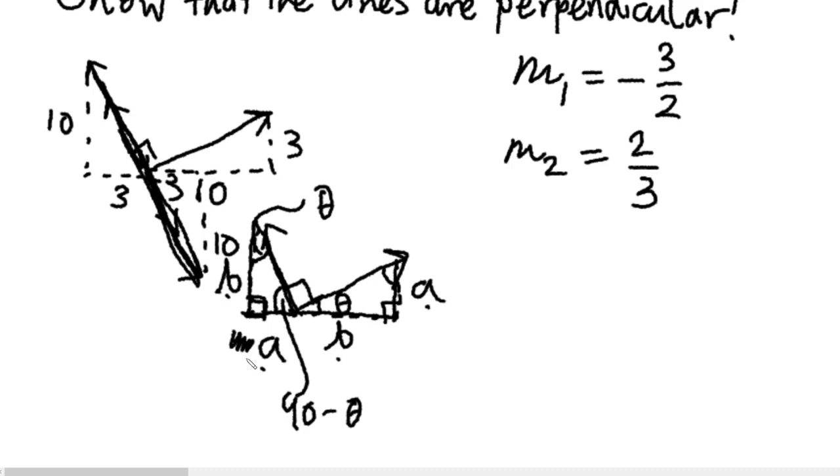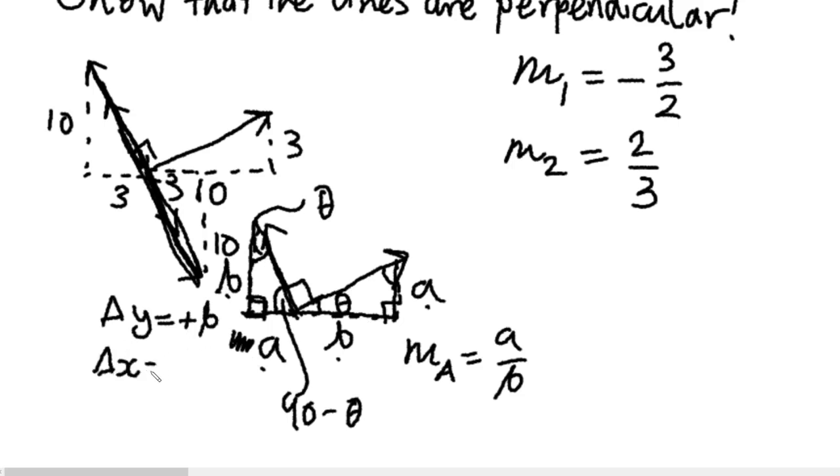So anyway, for two lines to be perpendicular, if one line's gradient is a over b, then the other line's gradient needs to be, well, if we look at this delta y, our delta y is plus b, and our delta x is minus a because we're going leftwards here.